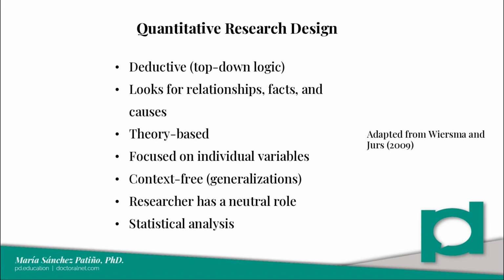So these are the main characteristics of the quantitative research design. As you can see, they are coherent to the postulates that reality exists by itself and therefore has to be approached objectively, and also that reality can be measured. Okay?